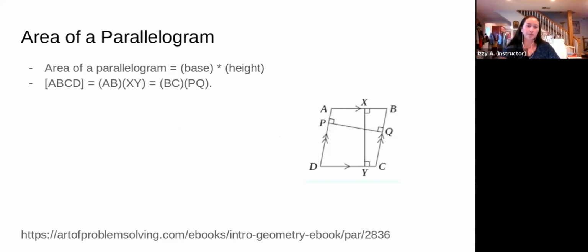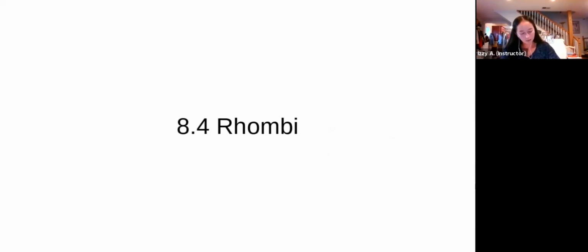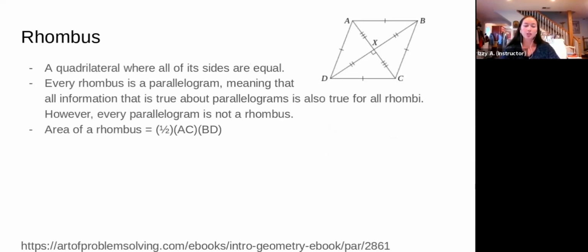Okay. So next we're going to learn about rhombi. So a rhombus is a quadrilateral where all of its sides are equal. So if we look at this image here, we can see that by the tick marks, all of the sides are equal to each other. Therefore, it's a rhombus. An example of a rhombus could be a square, because all of the sides of a square are equal to each other.